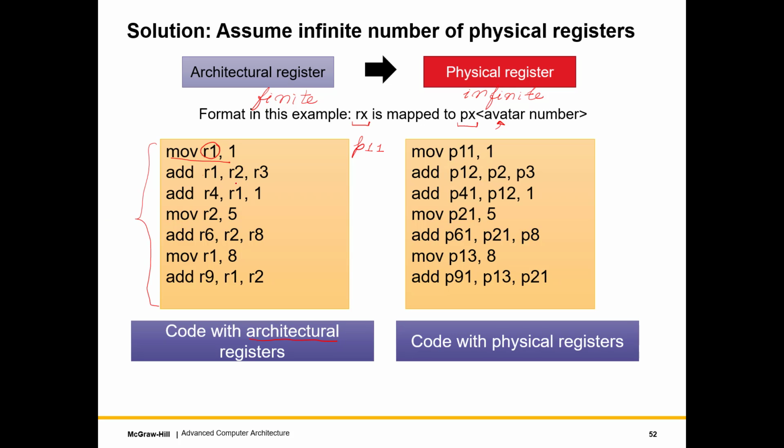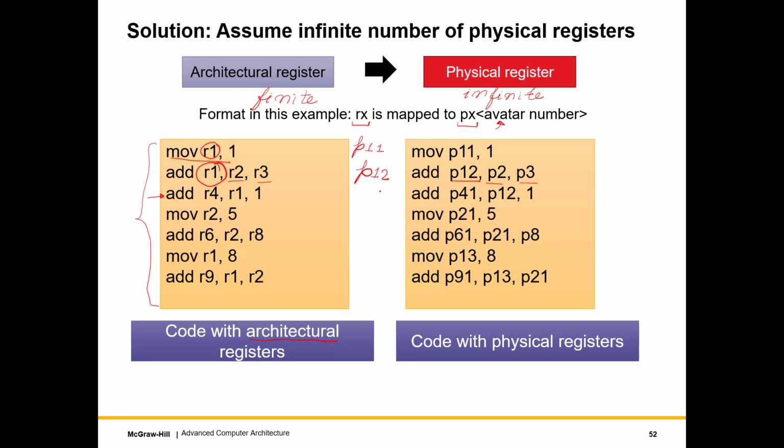Now, let us assume that R2 and R3 were initially mapped to P2 and P3, so you will get the values from there. Since we are creating a new avatar of R1, we map it to a new physical register, the second avatar, P12. The third instruction is rather important.